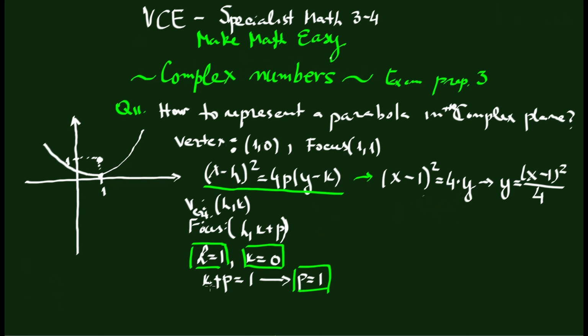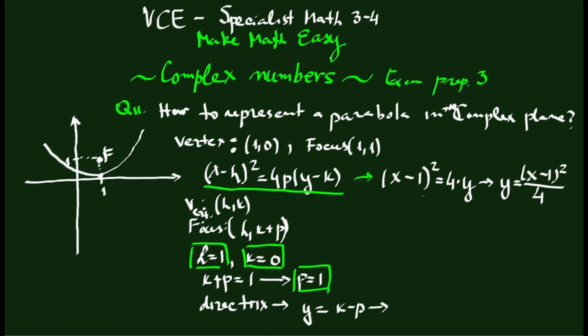So what's our directrix? We need it because the parabola is defined as a set of points equidistant from the focus and the directrix. Our directrix has the equation y equals k minus p.